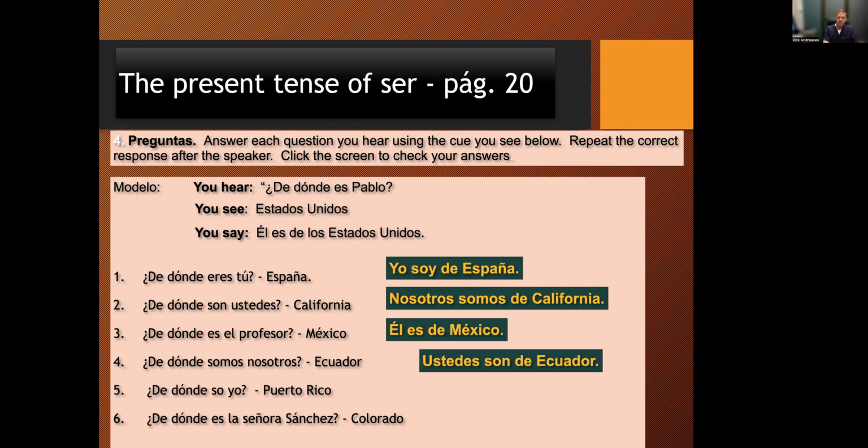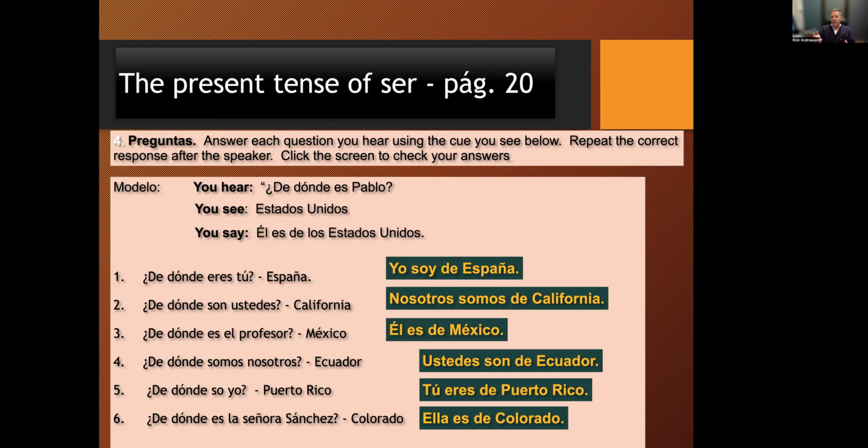Typo there on soy, sorry. Tú eres de Puerto Rico. 6. ¿De dónde es la señora Sánchez? Ella es de Colorado.